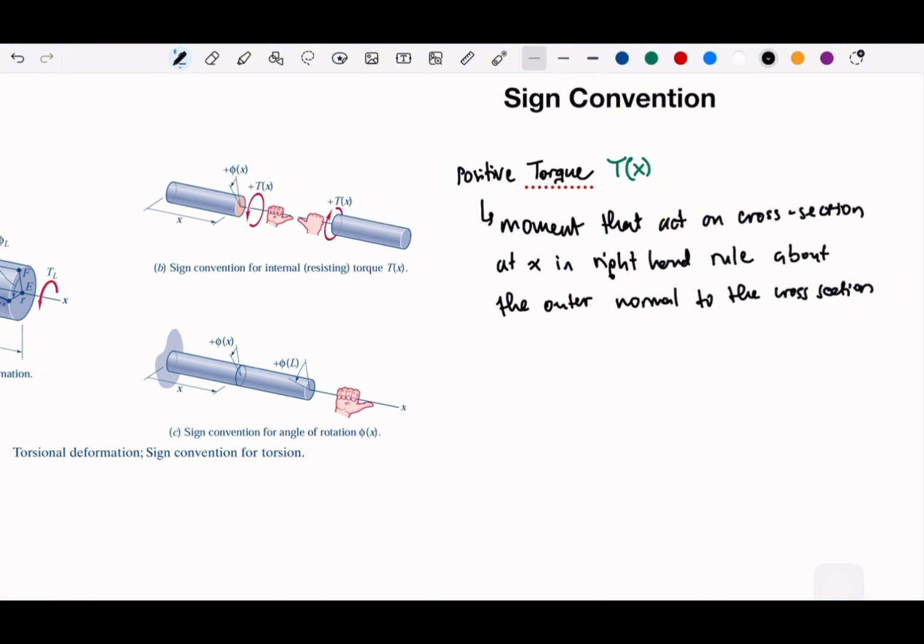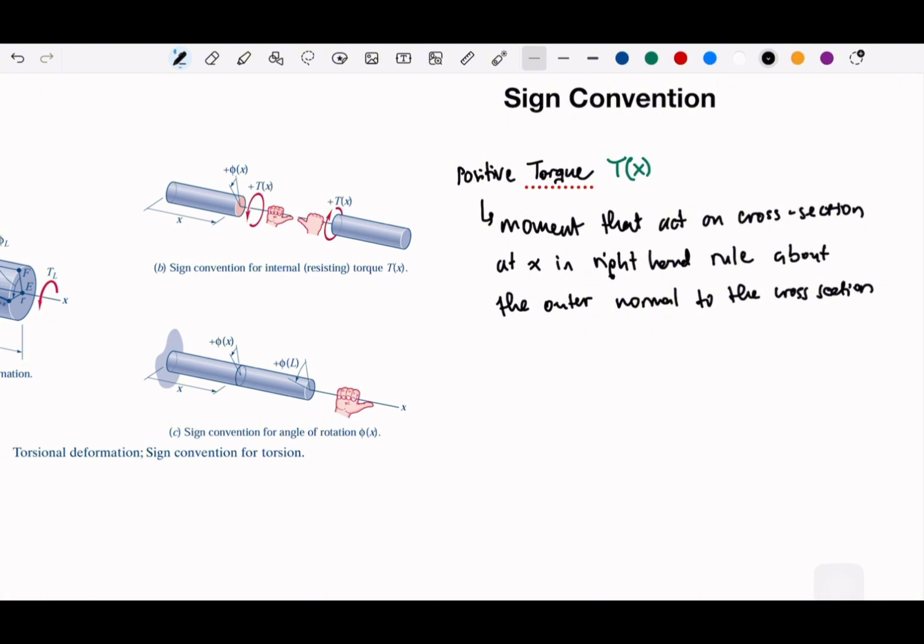This is supposed to be the right hand about the outer normal. And if we look at that as our internal torque, then the other will be canceling out. So if there is the internal torque, there will be another torque in the opposite direction.